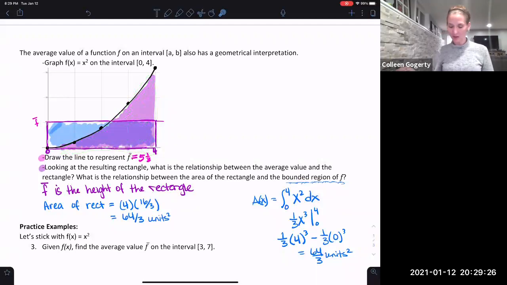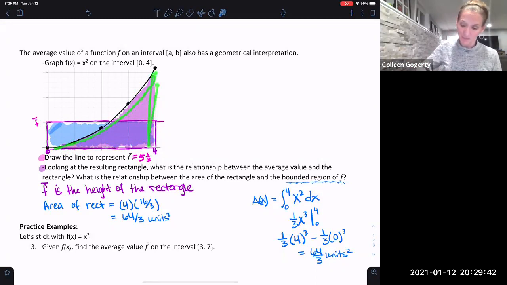Interesting. So the average value is basically giving you a rectangle on the same interval of 0 to 4 that has the same area as the space bounded by our function f of x and the x-axis on the same interval. Let's see if we can actually see that come out.